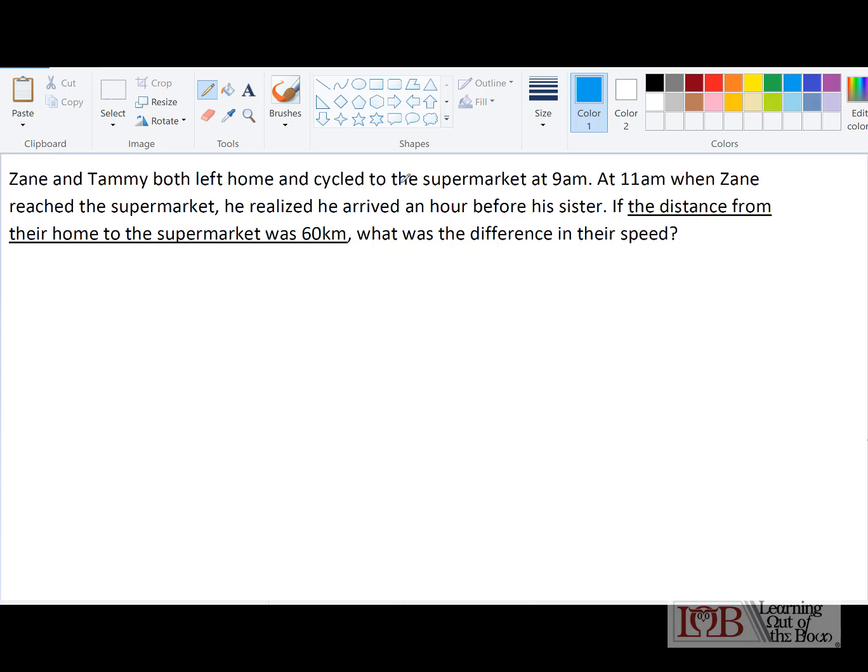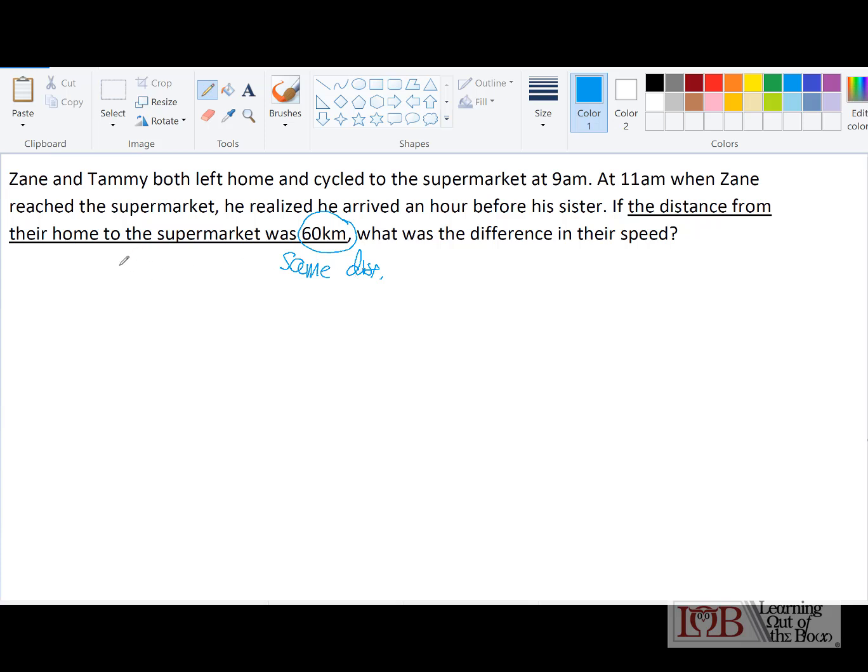So if the distance from their home to the supermarket was 60 km, and for the facts that I underline, this is because I want to tell you that it's actually same distance, okay, same distance. What was the difference in their speed? Okay, so in this case, we are going to solve using the indirect proportion because it's same distance.